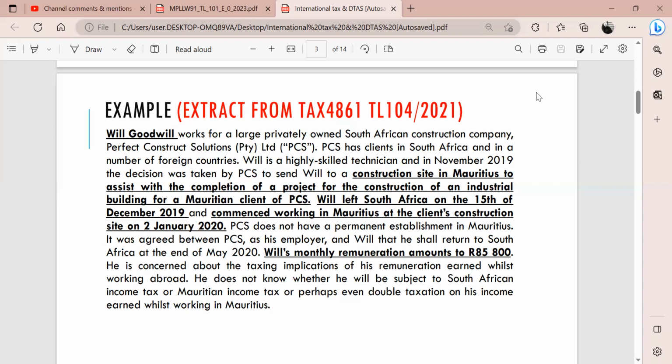Will's monthly remuneration amounts to 85,800 Rand. He's concerned about the tax implications of his remuneration earned whilst working abroad. He does not know whether he'll be subject to South African income tax or Mauritian income tax, or perhaps even double taxation on his income earned whilst working in Mauritius.